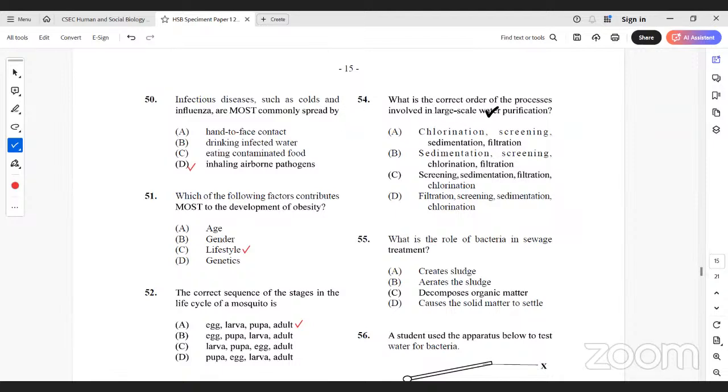What is the correct order of the processes involved in large-scale water purification? You should start off with filtration, screening. This one is a dead giveaway because they put filtration.